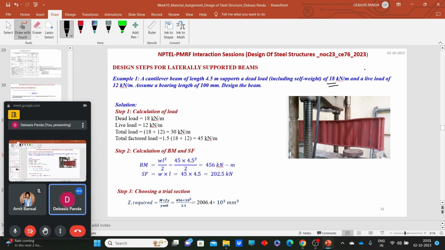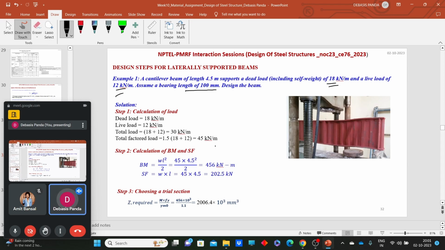The live load is given as 12 kilonewton per meter, so two kinds of load are applying. The bearing length is also given, 100 mm. Design the beam as a laterally supported beam.